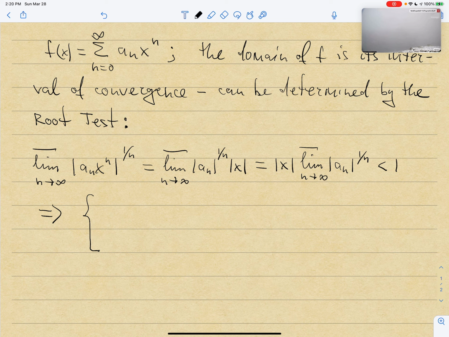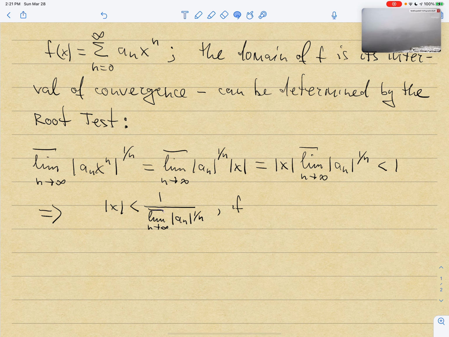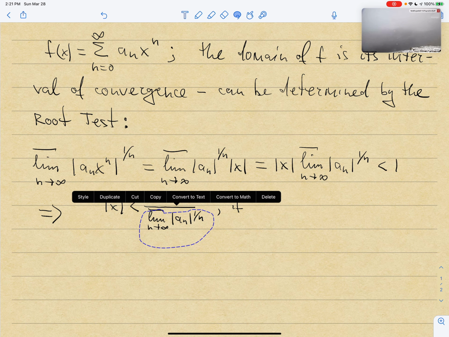First of all, the absolute value of x should be less than 1 over the lim sup as n goes to infinity of the absolute value of a_n to the power 1 over n, if I solve this inequality. And that is if this limit is finite.